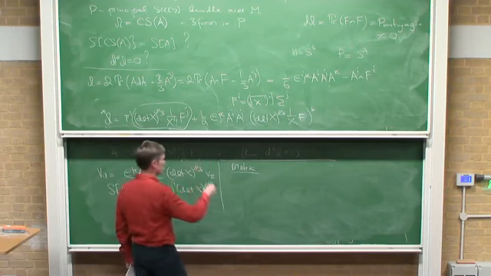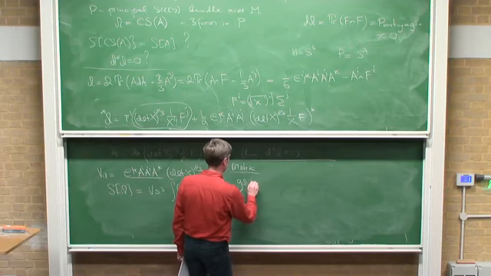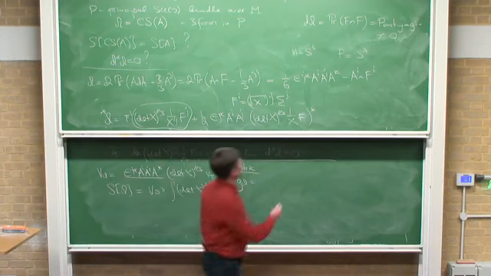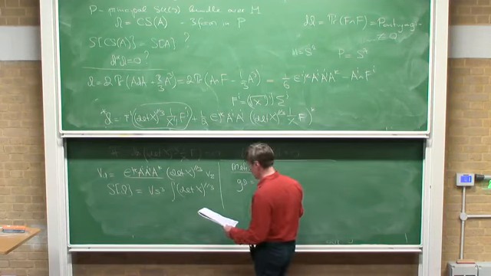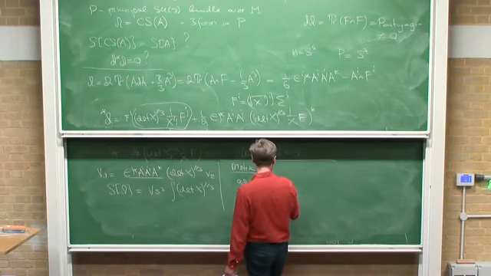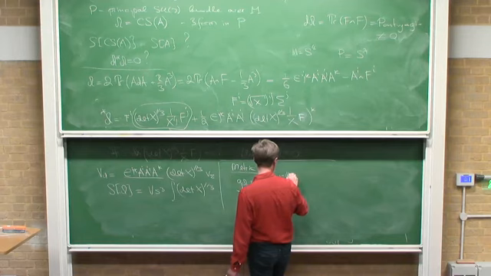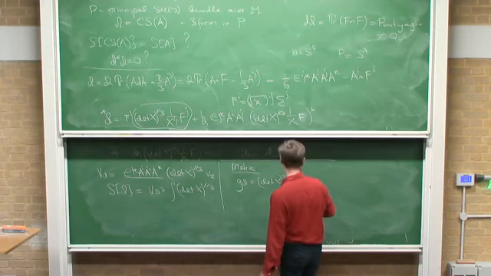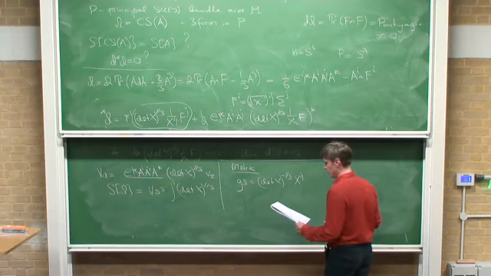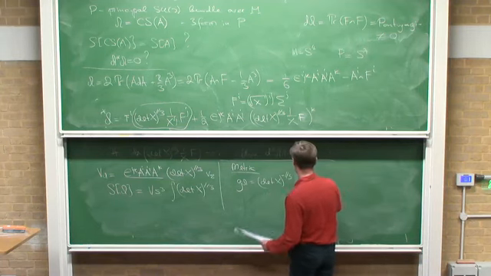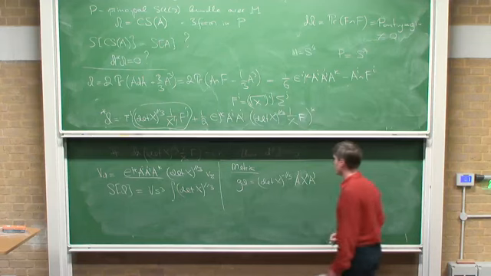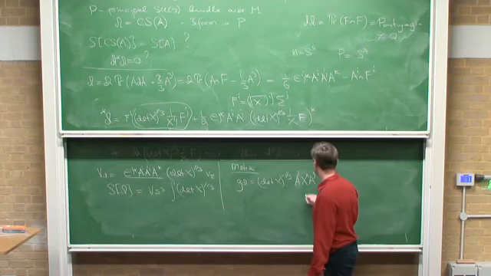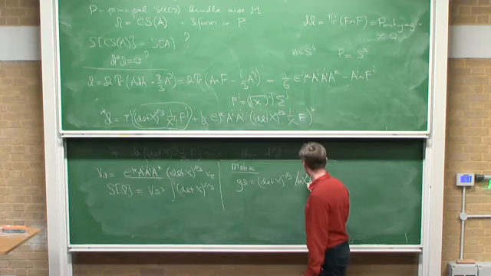The metric that this omega defines. And this is the same computation. You read off what the frame is, and then you write the metric. I write it as a x a, this kind of product here.